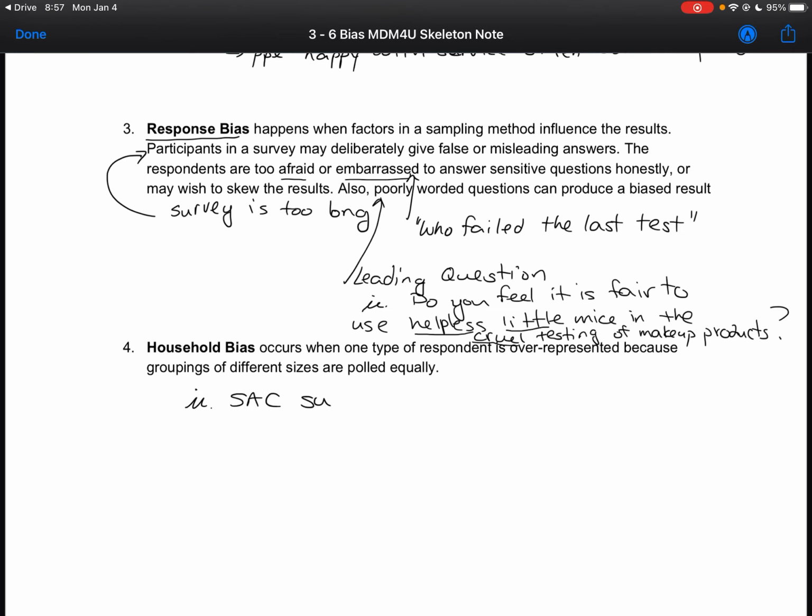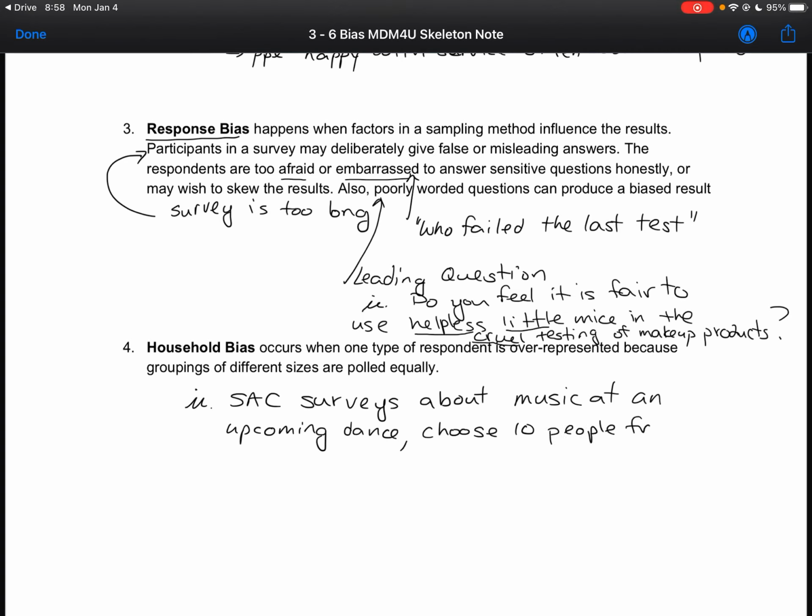So, for example, SAC surveys about music at an upcoming dance, and they choose 10 people from each grade. Okay, we have more grade 9s, so therefore by only asking 10 people, the grade 9s are not represented proportionally.